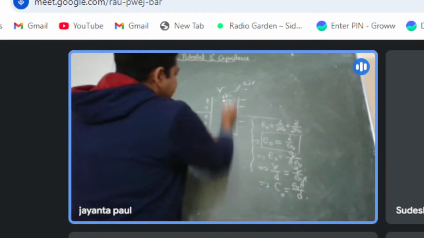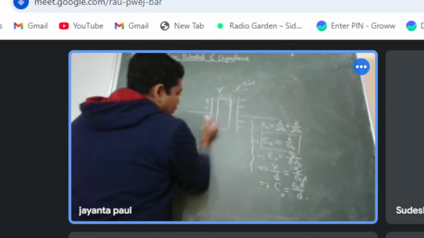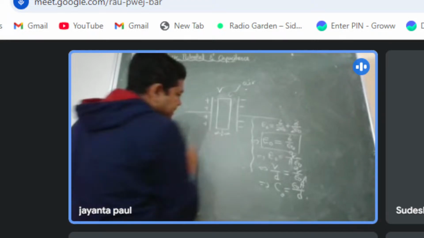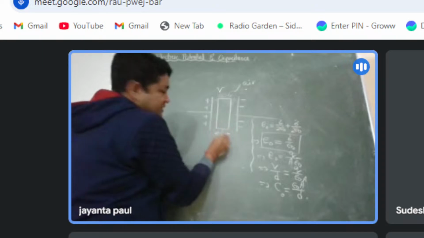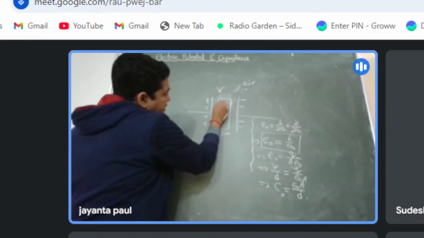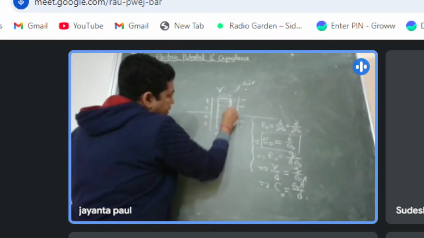Now we are putting a dielectric here. Say this is a dielectric slab whose thickness is T. Now here is the answer. When the dielectric slab is put here, this side is positive, so here the negative charges will appear, and this side the positive charges will appear.